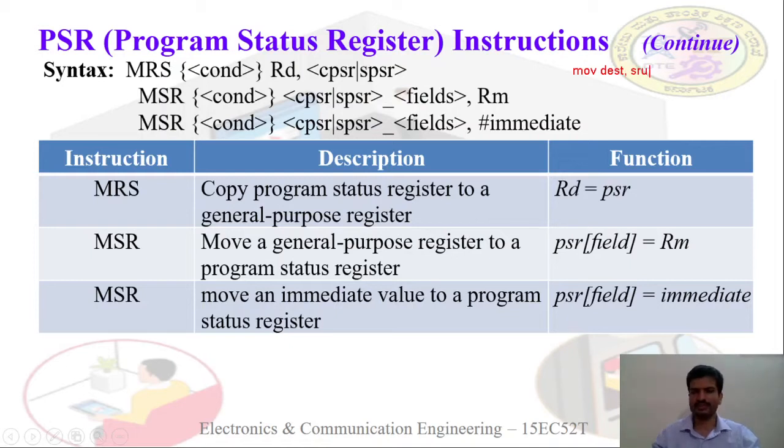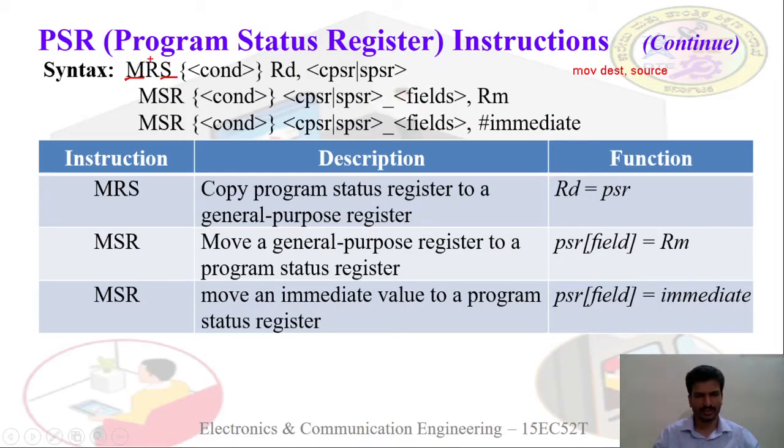This is the general structure of the move instruction. You remember like this: M means move, R means register, the general purpose register, and S means status register, either CPSR or SPSR.